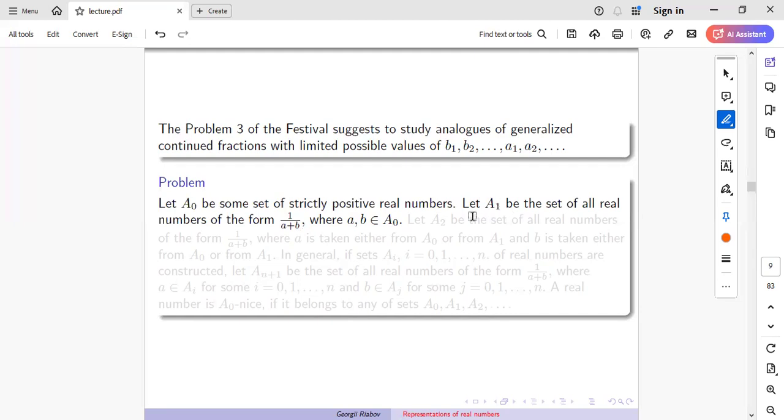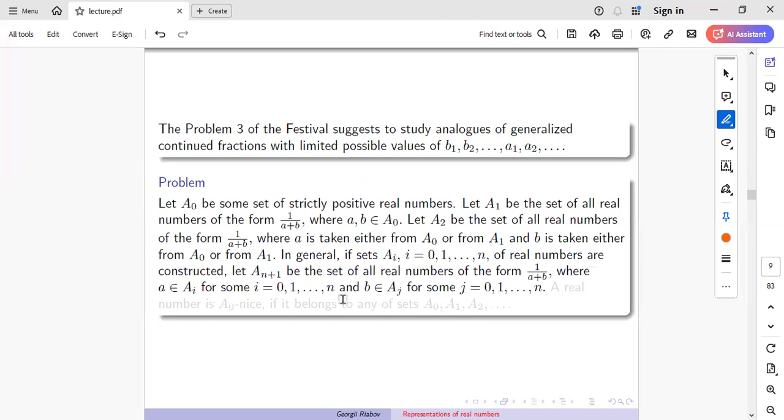And then we repeat. So take all possible numbers a and b from A0 or from A1, and A2 will be the set of numbers of the form 1 over a plus b, and so on.